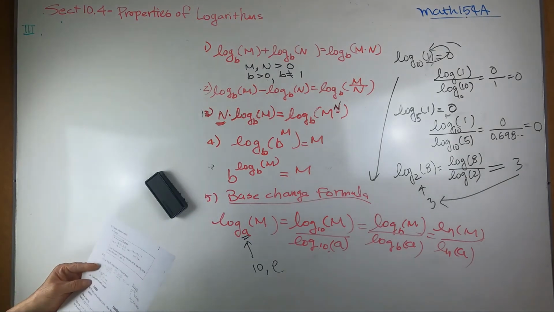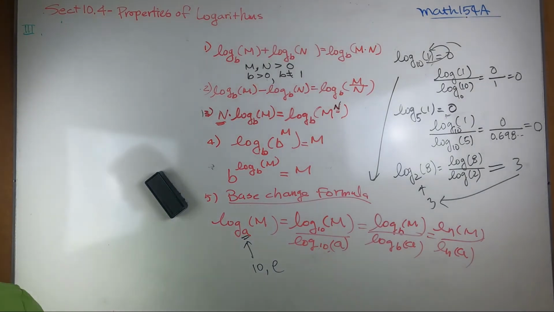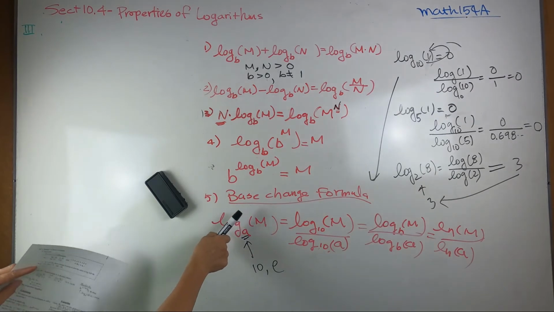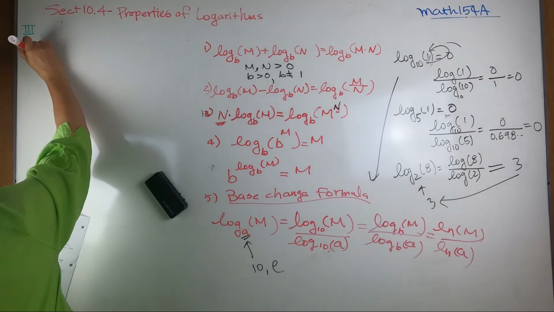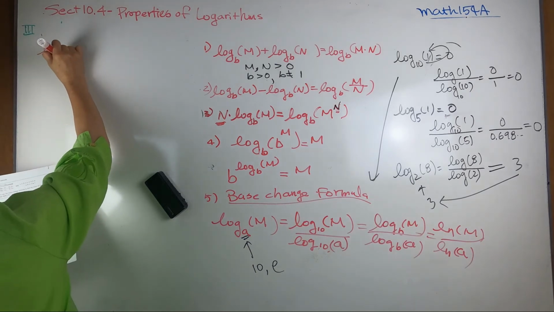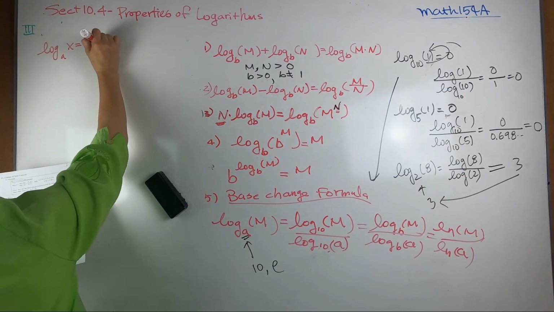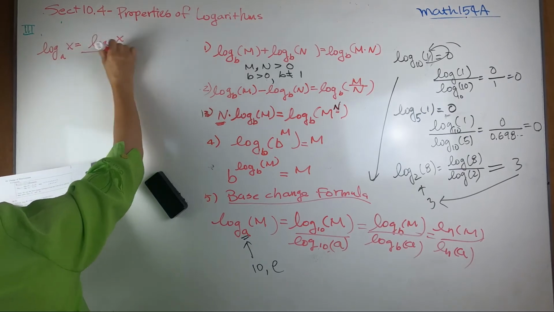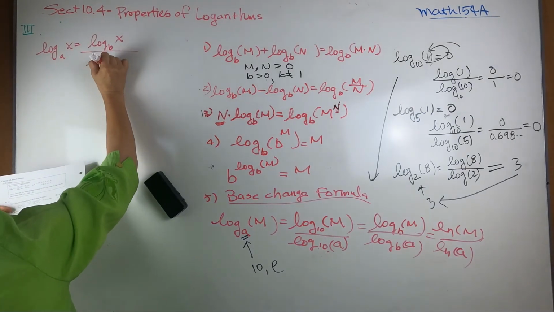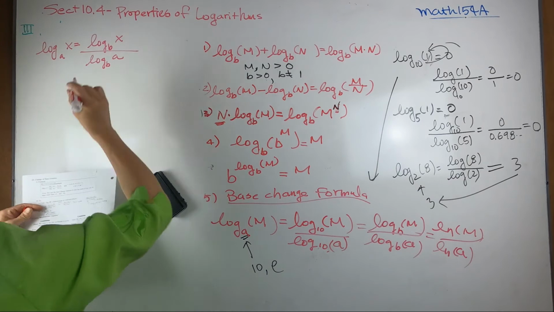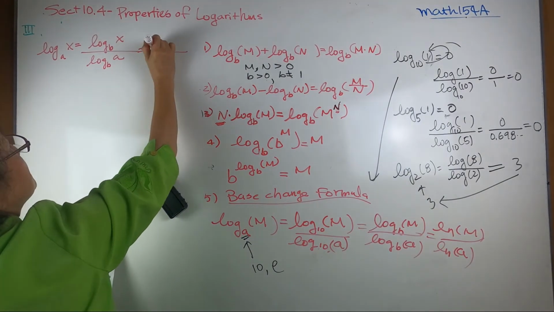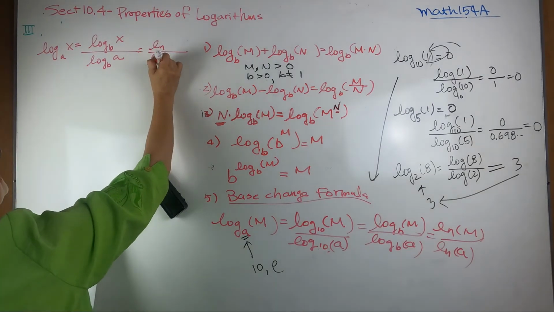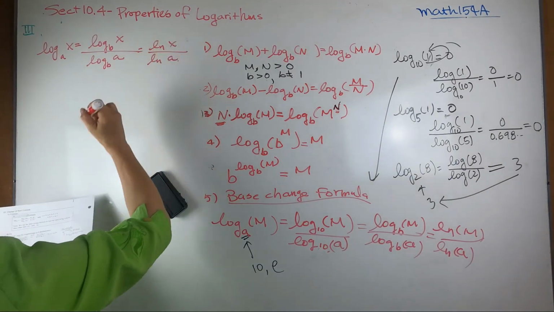On your page 39, we just rewrite this formula again, right? So we say, okay, if I have log base A of X, that would be the same thing as log base B of X over log base B of A, right? When we write it this way, or you can use the natural log, meaning log base e of X over log base e of A, okay?